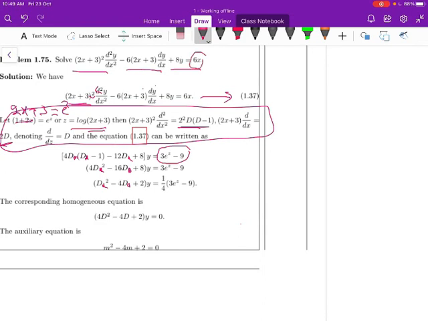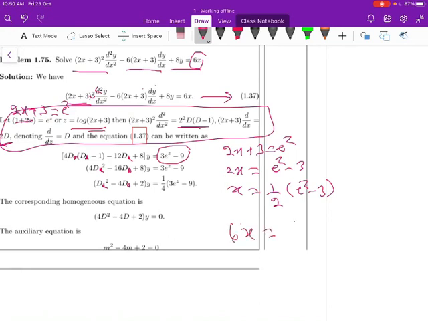6x on the RHS has to be written in terms of z, but you know the transformation which you have taken. So 2x plus 3 is equal to e power z. This implies 2x is equal to e power z minus 3, so x is equal to 1 by 2 into (e power z minus 3). But we have 6x on the RHS.